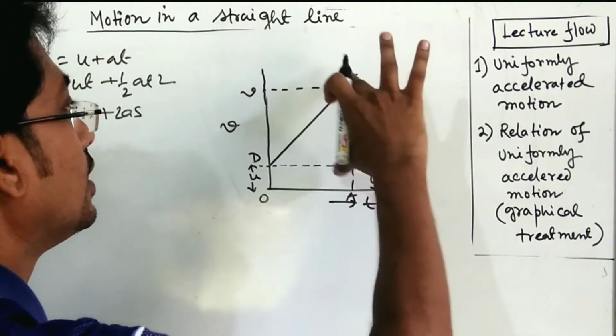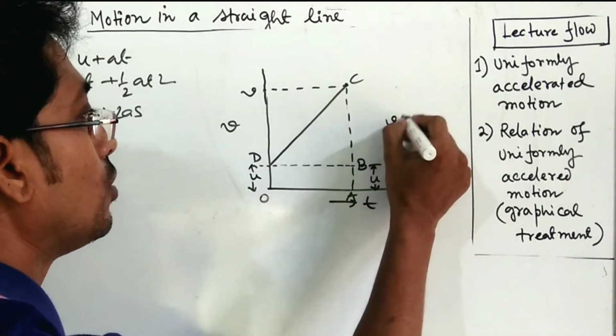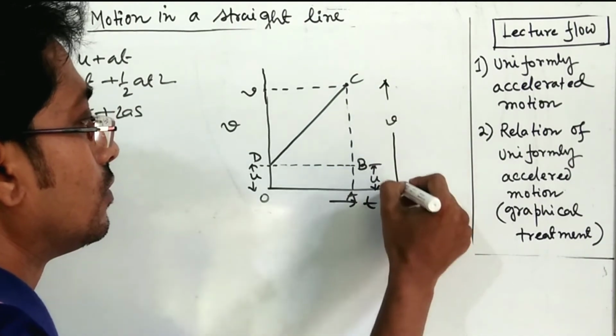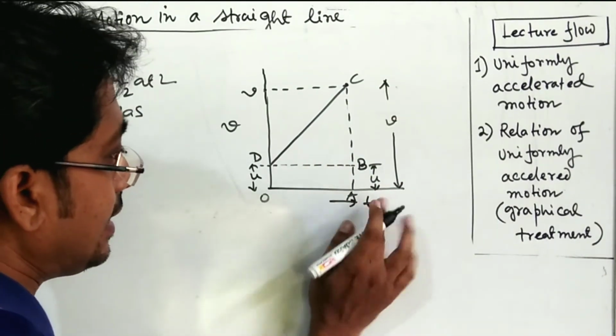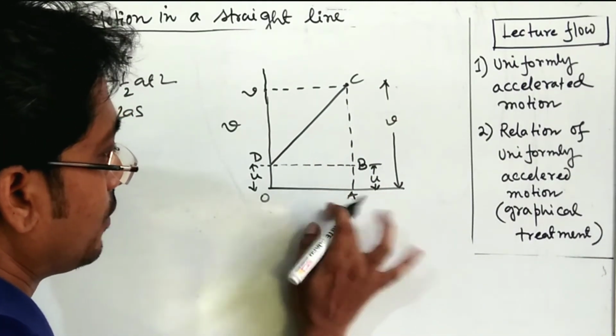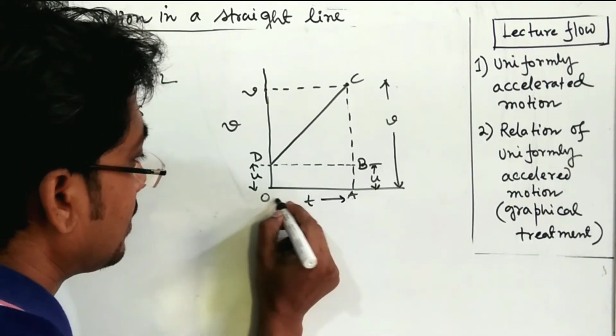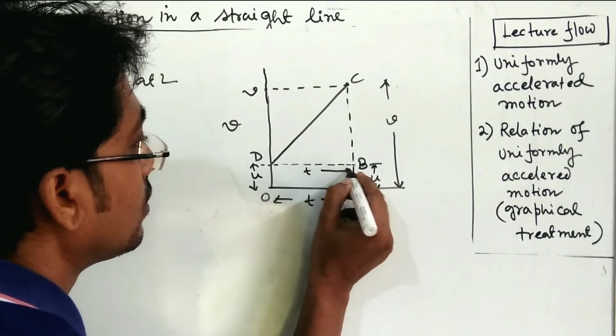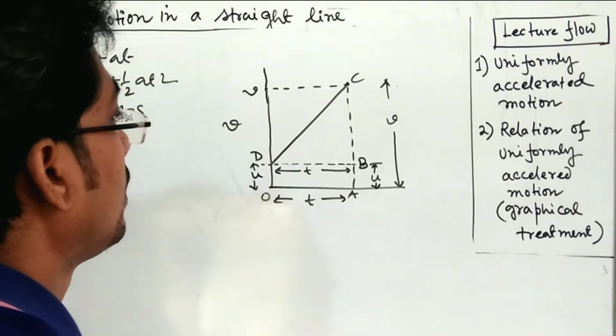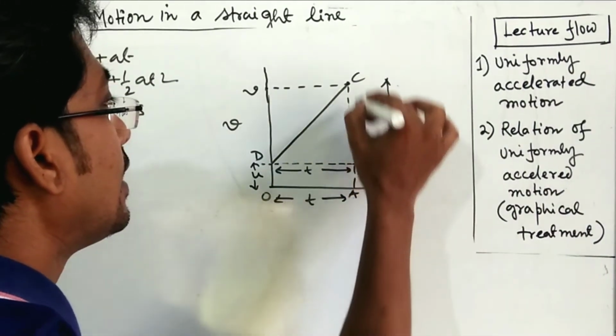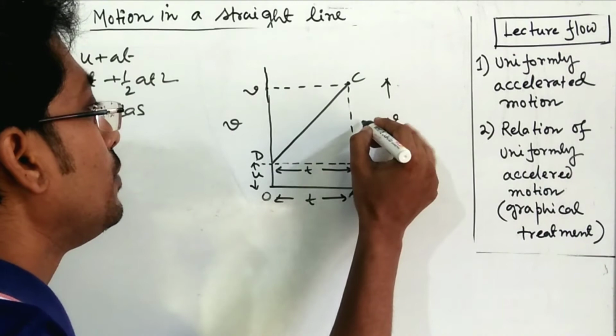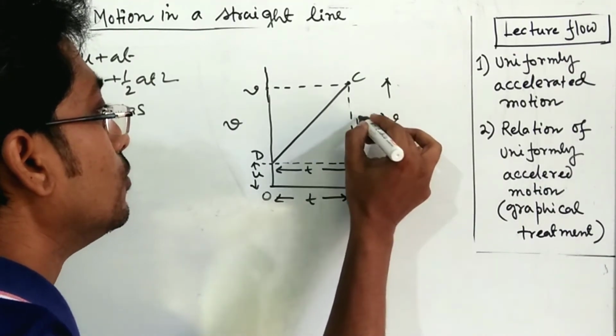If it is v, the final velocity, then it will also be v. If it is t, time, it is also t. So what will be BC? BC will be v minus u.